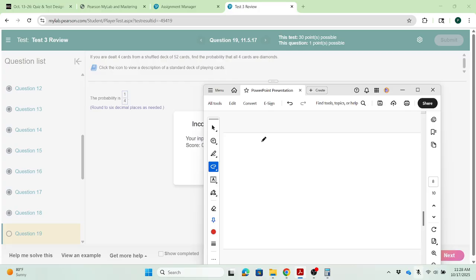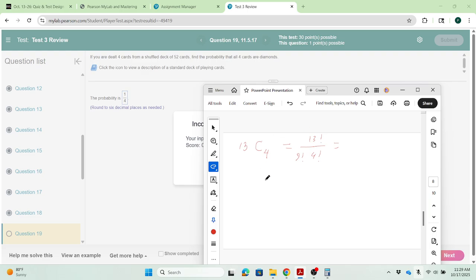So to answer this question, you have to find out how many different ways you can choose 4 diamonds out of 13 diamonds. Which is the combination problem, which is 13 factorial divided by 9 factorial and 4 factorial. I'm going to calculate this here using the calculator.